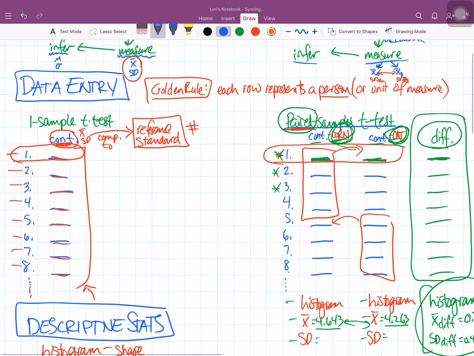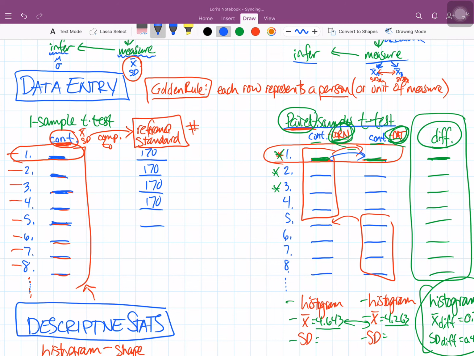So for example, in terms of data entry here, we really just included whatever is that continuous variable for each person. Mathematically behind the scenes, remember we're comparing to some reference value. Here in our example, we were comparing to 170, 170, 170, 170, and instead of comparing cornflakes to oat bran, we're comparing this weight to that and calculating some kind of difference.